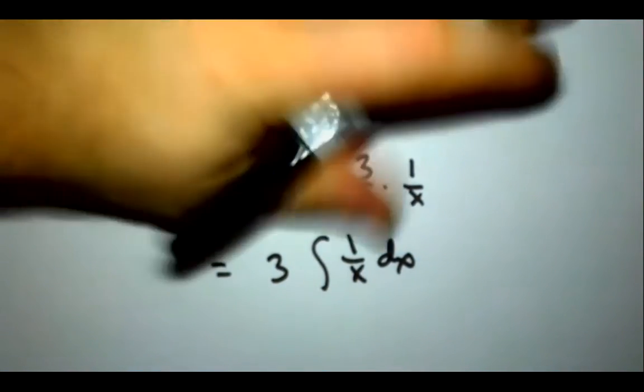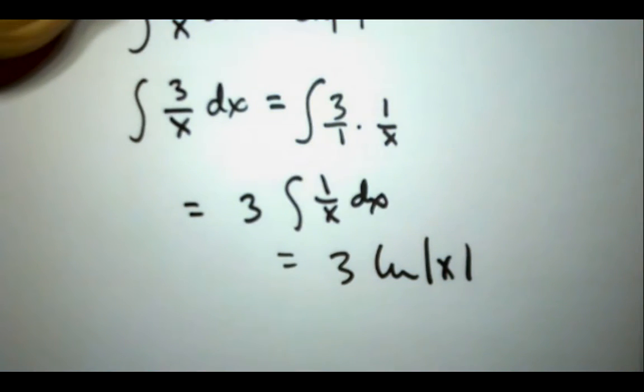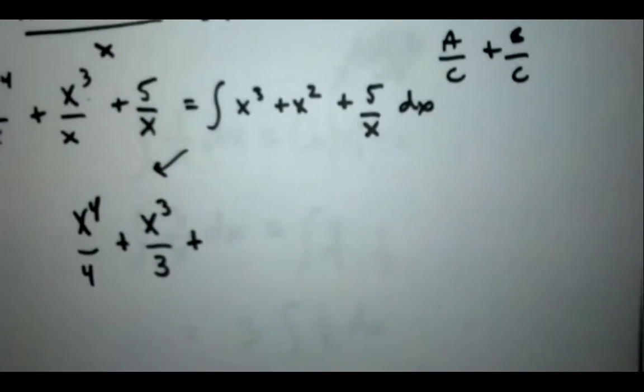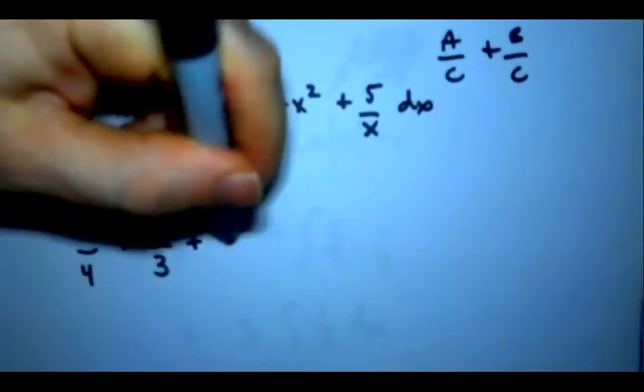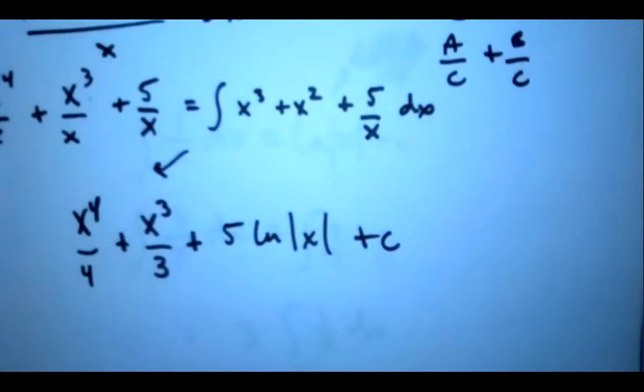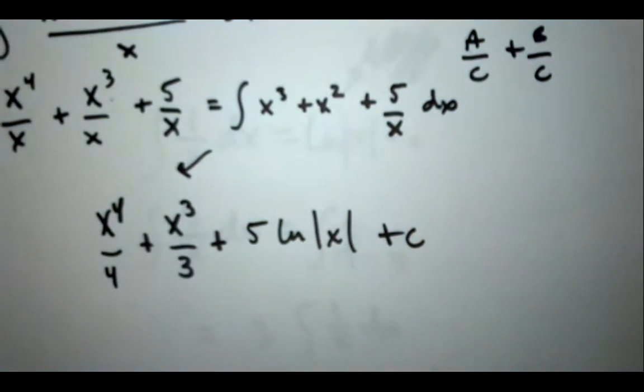So your answer ends up becoming 3 natural log x plus c. When that takes me over to here, I would just call this 5 natural log absolute value of x. So just a bunch of little tiny lessons on the fly, nothing crazy.